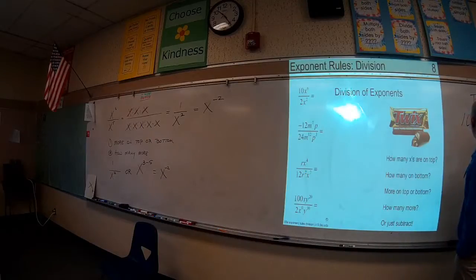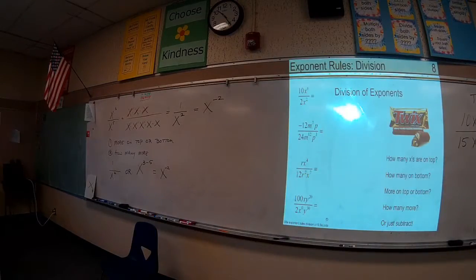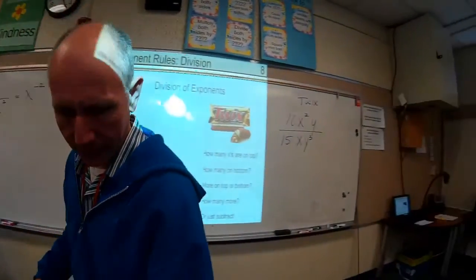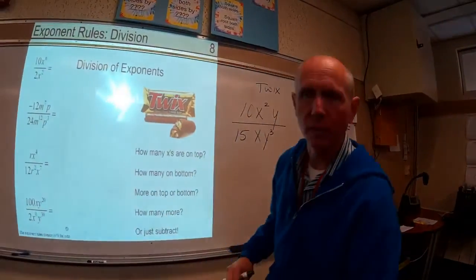10x squared y over 15 x y to the third. Write it down. It's got cookie, it's got caramel, it has chocolate.